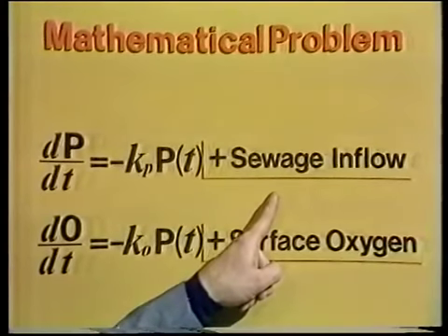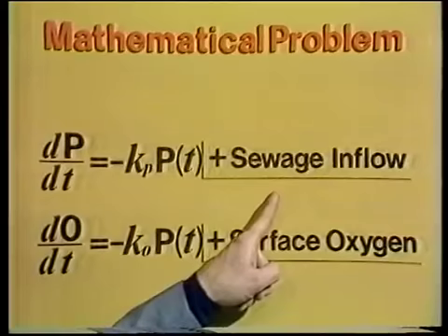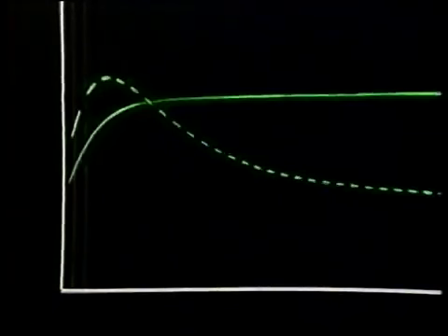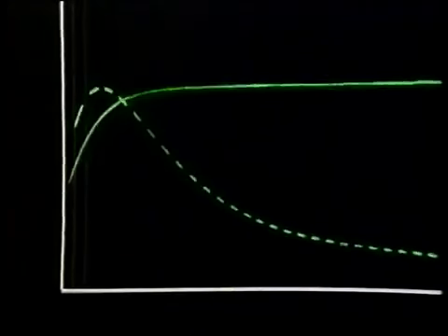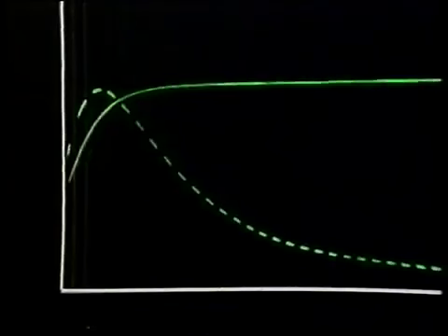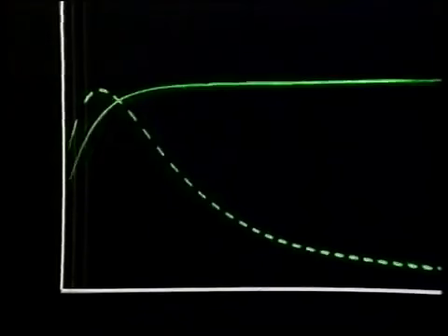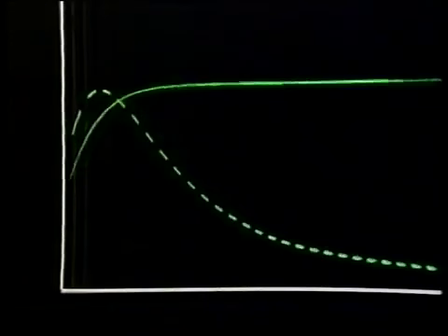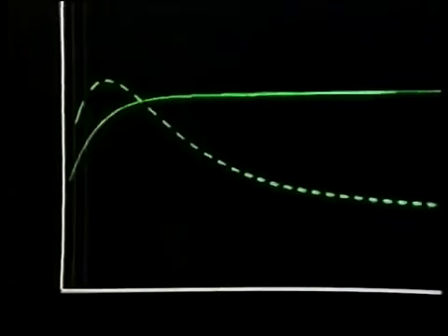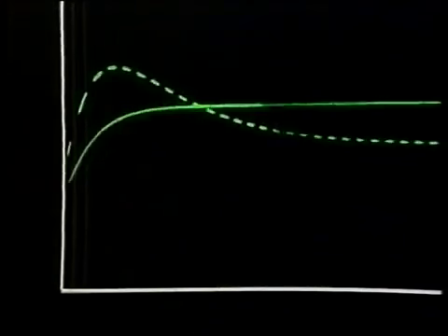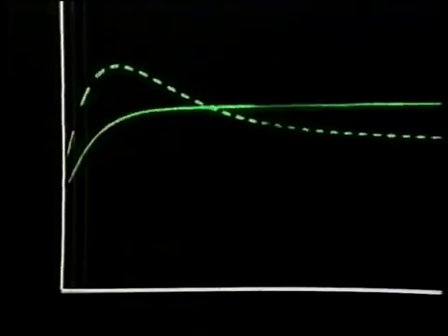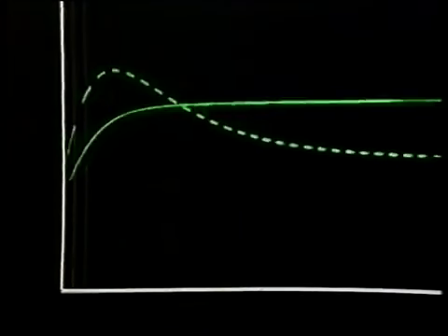Suppose we increase the rate of sewage inflow into the segment. Well, as you'd expect, the steady state concentration of oxygen goes down, and if we reduce the sewage inflow, the steady state concentration of oxygen goes up. What we're changing here is the rate of sewage inflow.